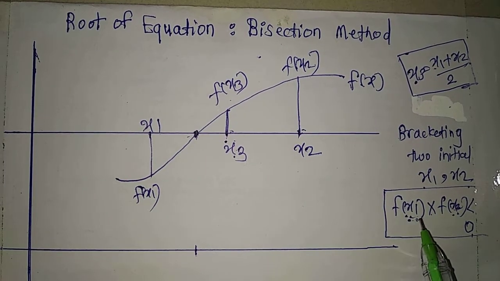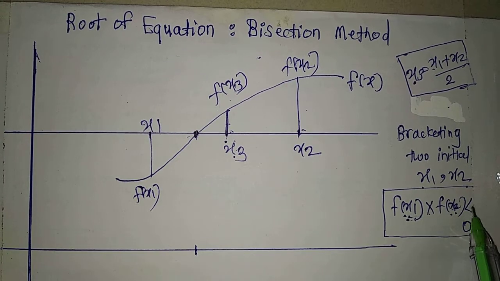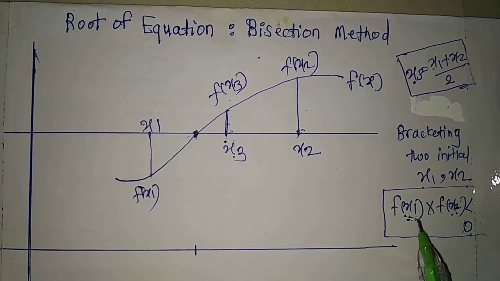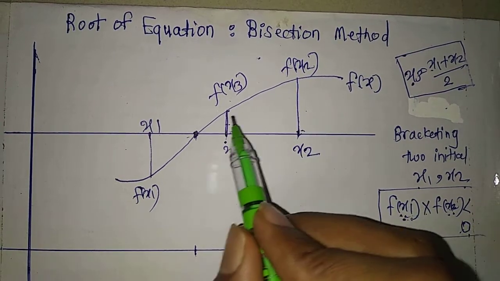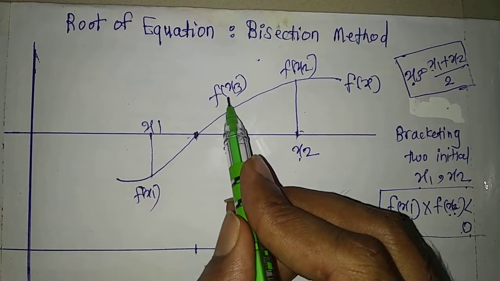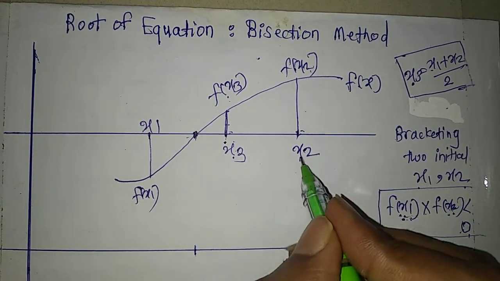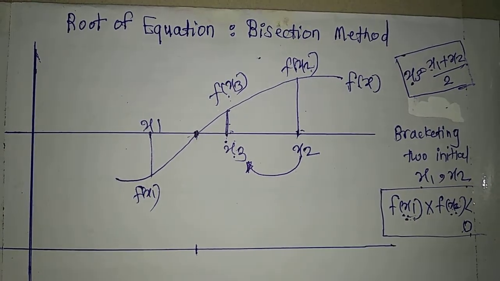We cannot take positive signs because we need less than 0. One should be negative, one should be positive, so the same signs we are going to replace. f of x3 is positive, f of x2 is positive, so replace x2 by x3.